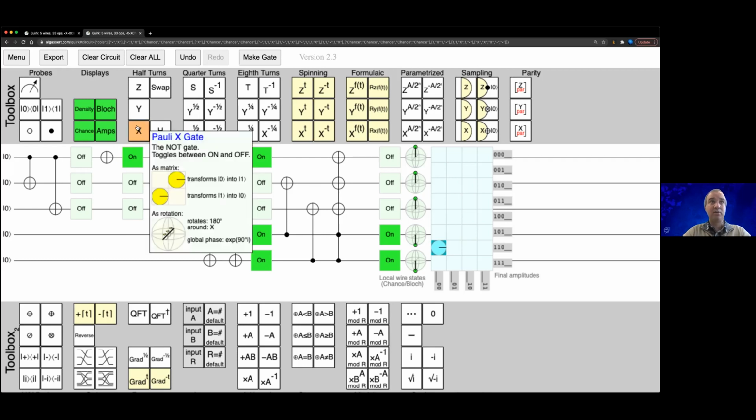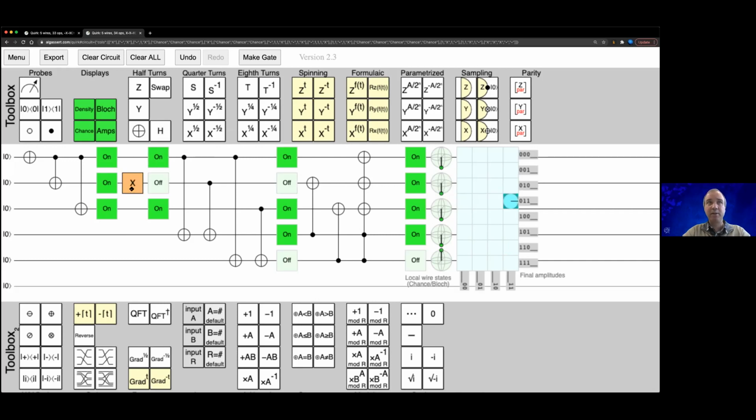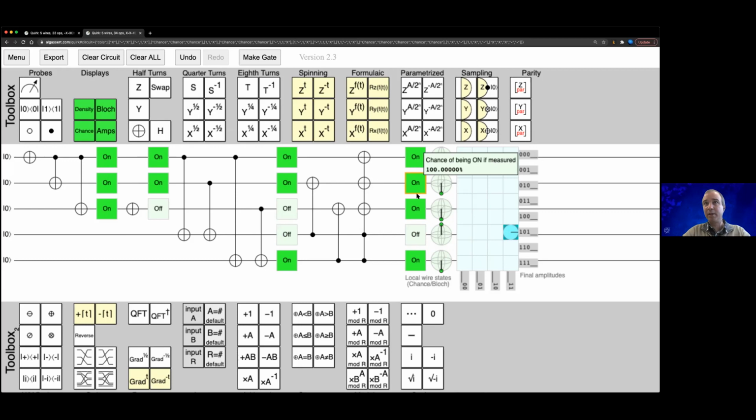Notice that I can also do this if I'm encoding the 1. Here I have 1, 1, 1. Here, this is an error, but after detecting the syndrome and correcting the error, again I have 1, 1, 1. If I change the error, the syndrome changes, but the final state that I obtain is still 1, 1, 1, which is what I want.